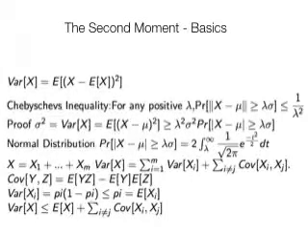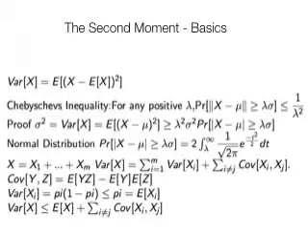The second moment, basics. After the expectation, the most vital statistic for a random variable X is the variance. We denote it Var(X). It is defined as Var(X) equals the expectation of (X minus the expectation of X) squared, and measures how spread out X is from its expectation.